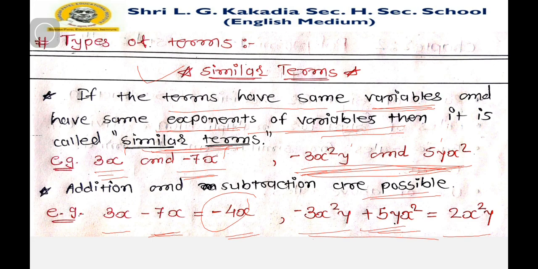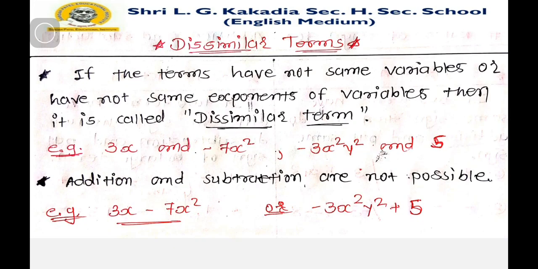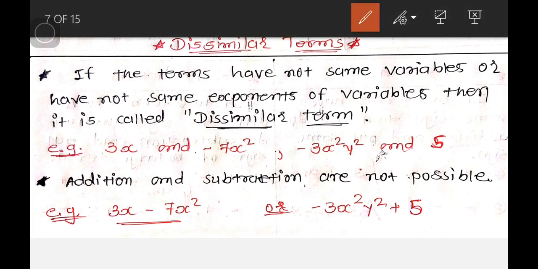The second type of terms is dissimilar terms. How can we say that the given terms are dissimilar terms? If terms do not have the same variables, or do not have the same exponent of the variable, then they are called dissimilar terms.